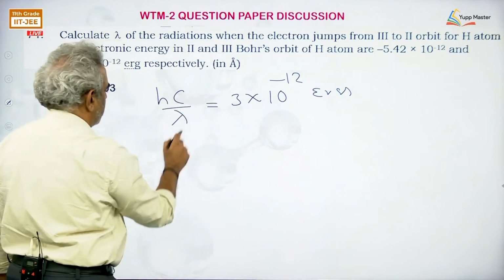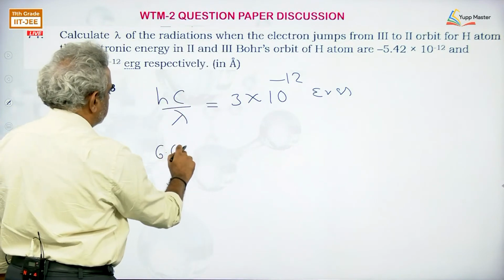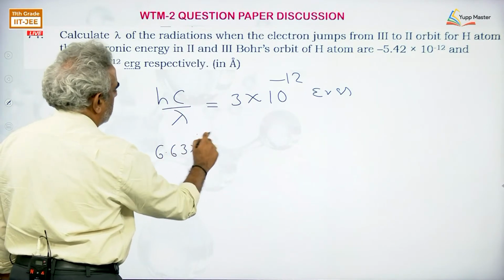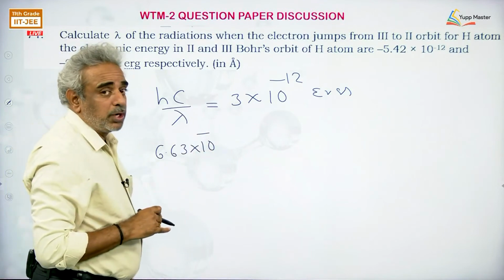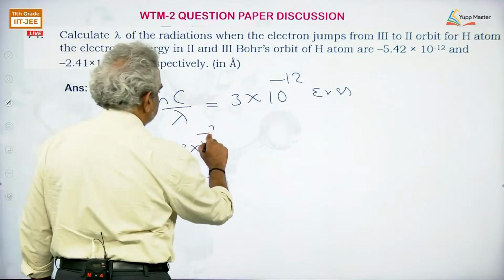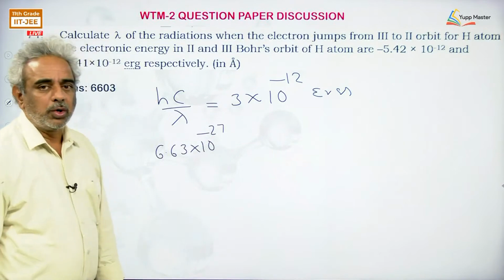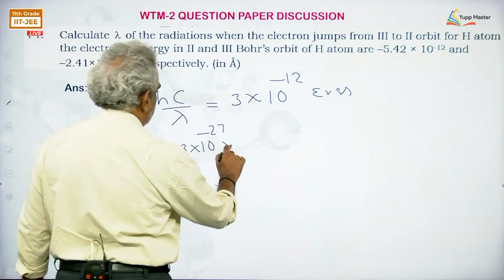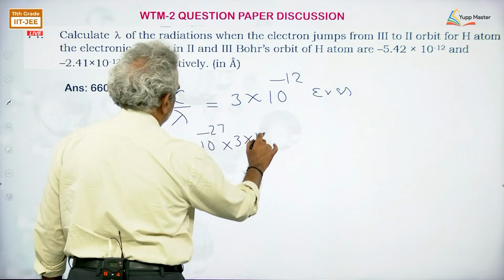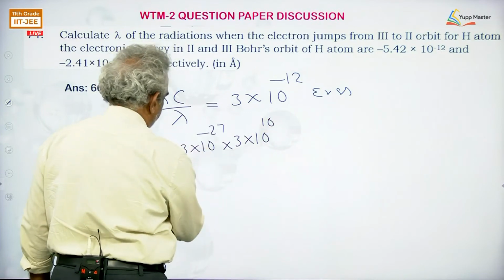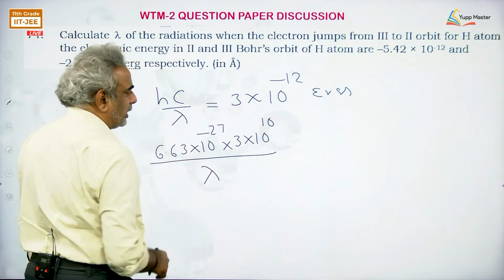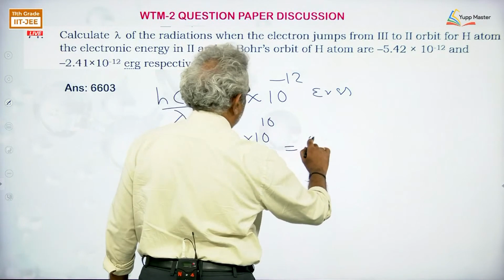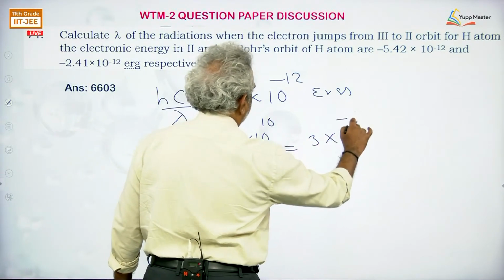So, substitute these values. h is 6.63 into 10 power minus, it should not be 34, it should be 27, because we want to be in CGS, into velocity of light 3 into 10 to the power of 10 by lambda, you will get it in centimeters, is equal to 3 into 10 power minus 12.